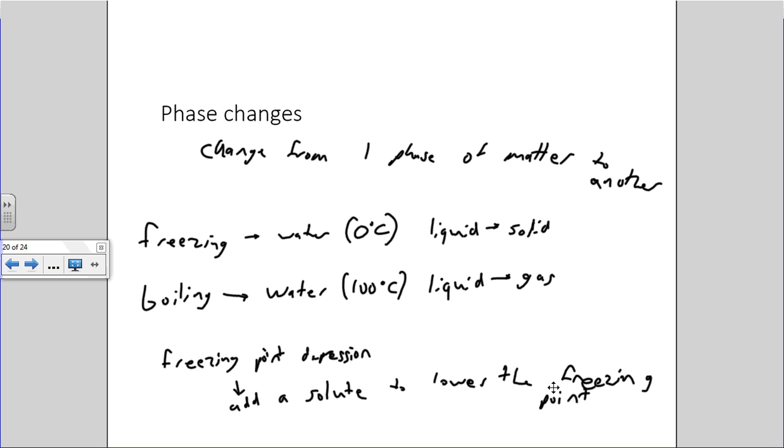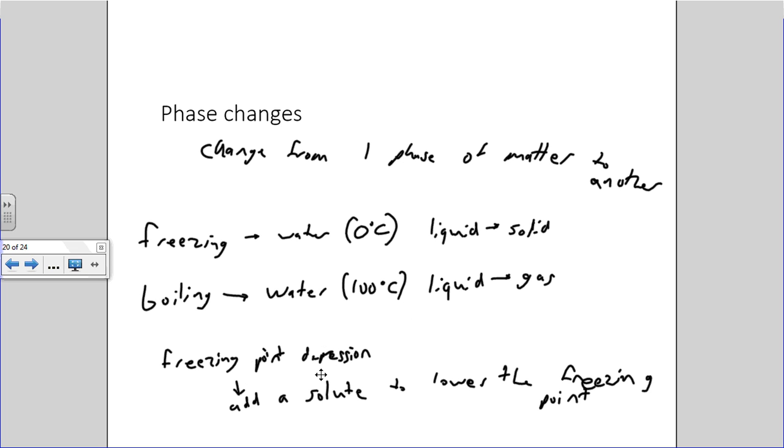What that means is that the substance, whatever it is, in this case we used ice, actually froze at a lower temperature, meaning that our ice-water mixture was able to get colder than it would normally. By being able to get colder, we were able to freeze the cream and end up with ice cream. If you put your bag of cream into just a regular bag of ice, you would not have gotten ice cream because it wouldn't have been cold enough.